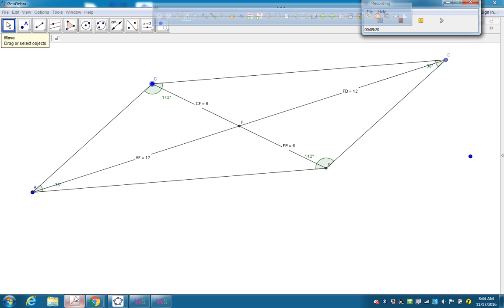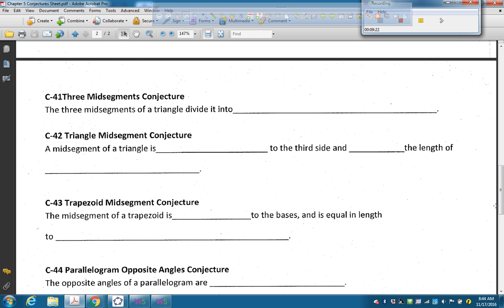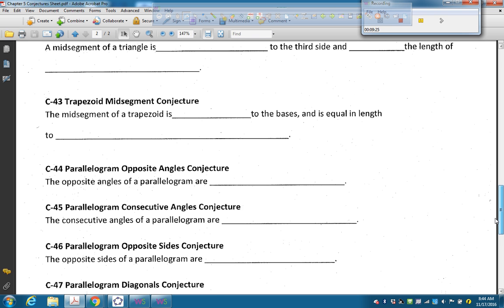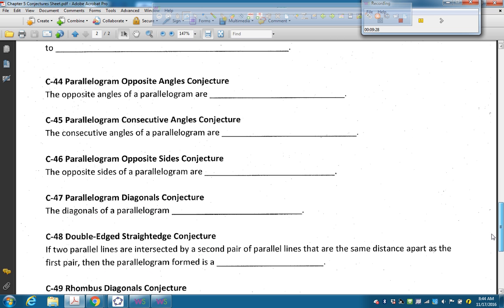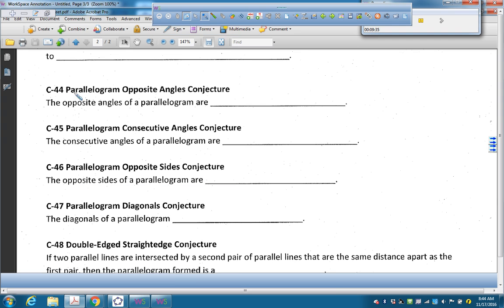So we're going to go over those last 4 conjectures that I have, C44 through C47. Parallelogram conjectures. C44, the opposite angles conjecture: the opposite angles of a parallelogram are congruent.